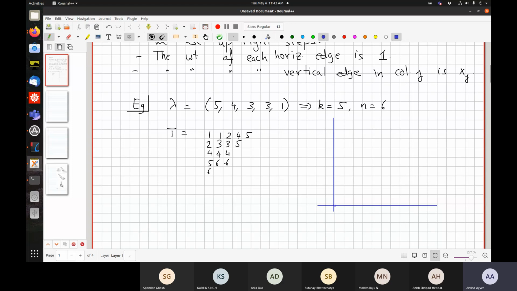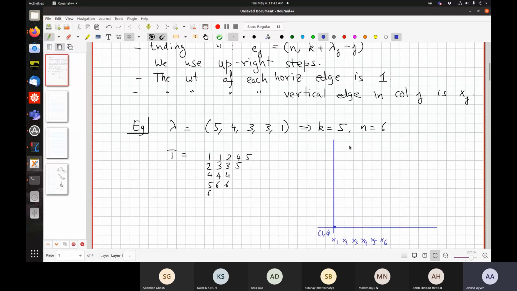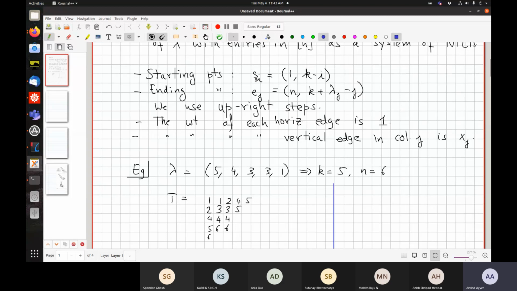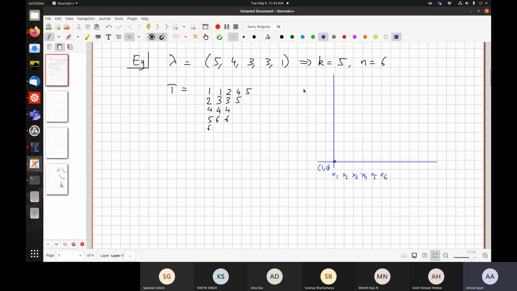Let me mark this point. This is (1, 0), and I have x1, x2, x3, x4, x5, 6, and n is 6. So remember the starting points are in the line x equal to 1, and the ending points are in the line x equal to n. So let me also mark those points.